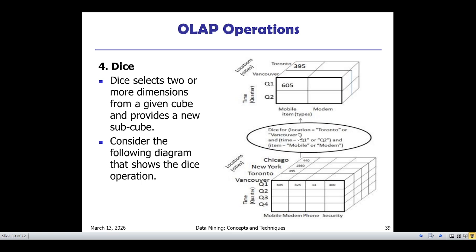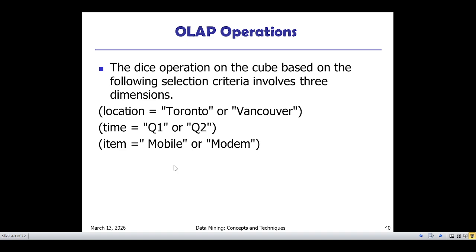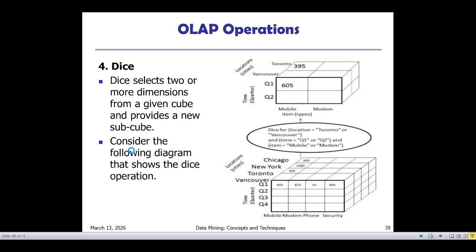I'm selecting two dimensions, location and time, and then I'm obtaining a new subcube from it, which consists of the item types, the quarters, the time, and these locations. The dice operation on the cube is based on the following selection criteria, involving three dimensions as discussed: location, time, and item.